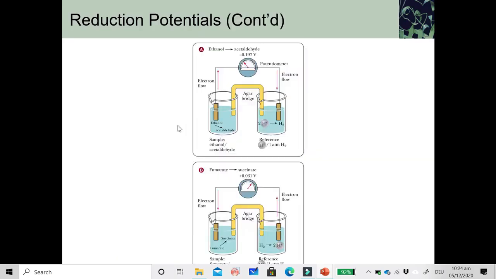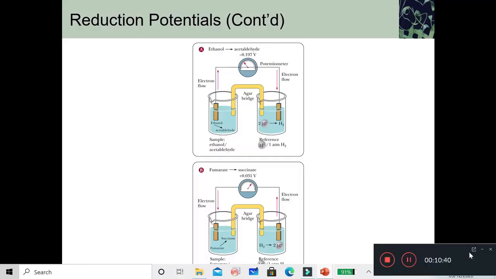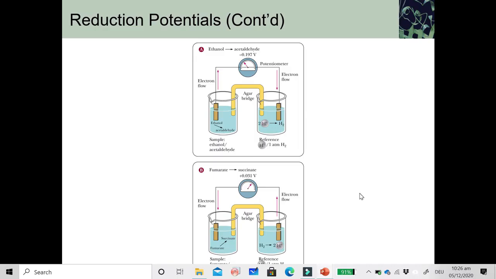So, for example, you have here the question of ethanol to acetaldehyde. The reduction potential here is the... The question is, how do you measure reduction potential? What we do typically is to create an electrochemical cell, in which the reference is hydrogen, a solution containing hydrogen ions at 1 molar concentration, which is in equilibrium with hydrogen gas at 1 atmosphere pressure.